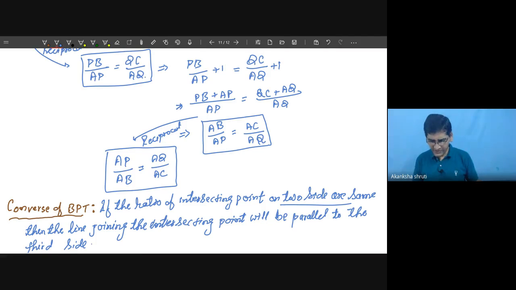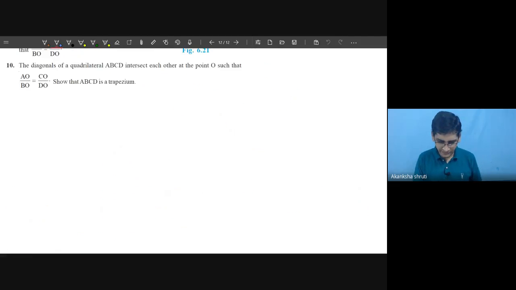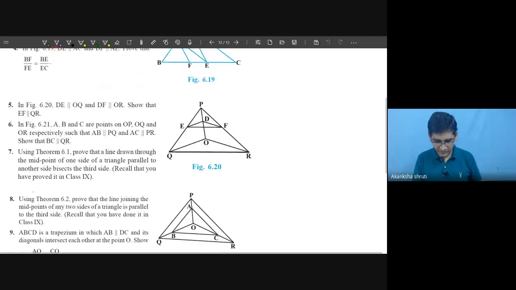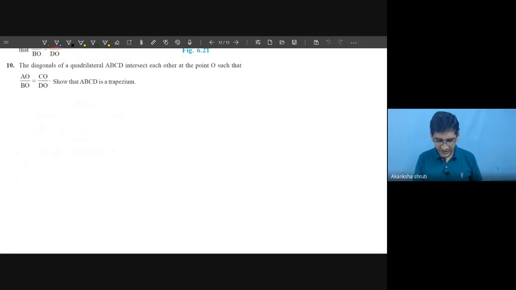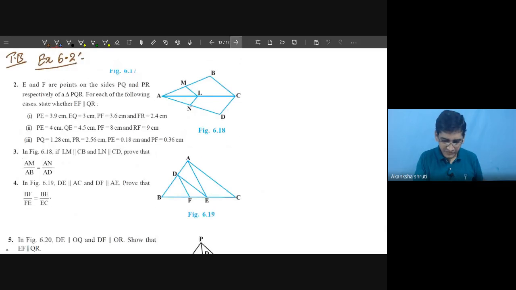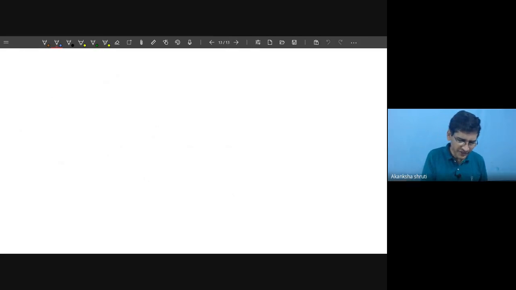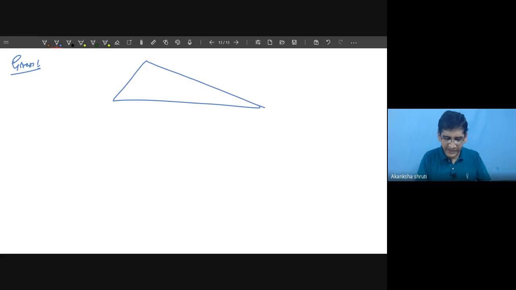So how is this? We may see. Though we have taken the question here. So let me go on next page. So what is given in this case? The given is like this. The ratio is already given to you.